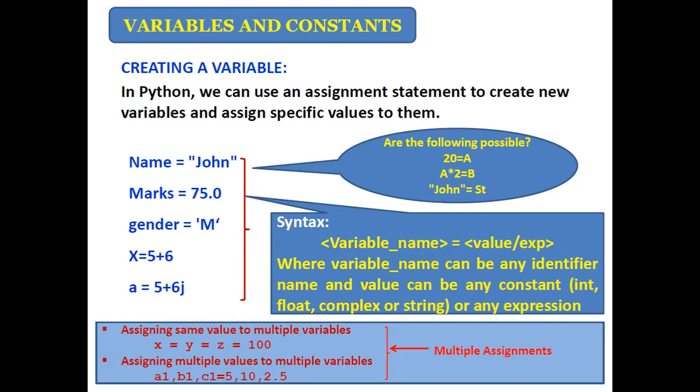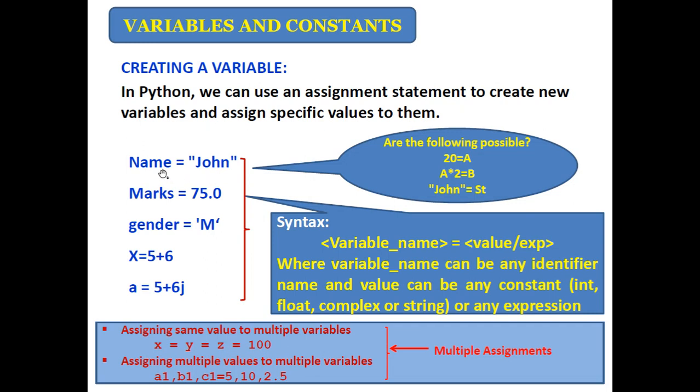Now, how to create a variable? This is the standard syntax. Variable name, an identifier name, is equal to value or expression. Value can be any constant value, int, float, complex, string, or any expression. Here I have defined some variables with some values. Assignment operator is very important here. It plays a vital role.